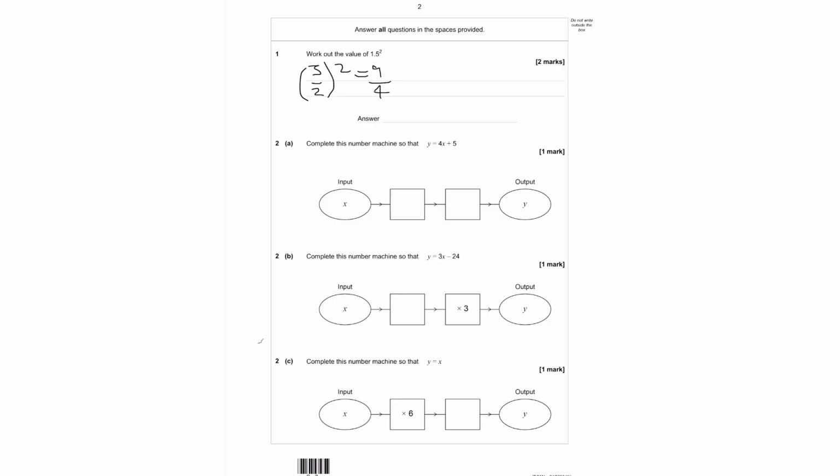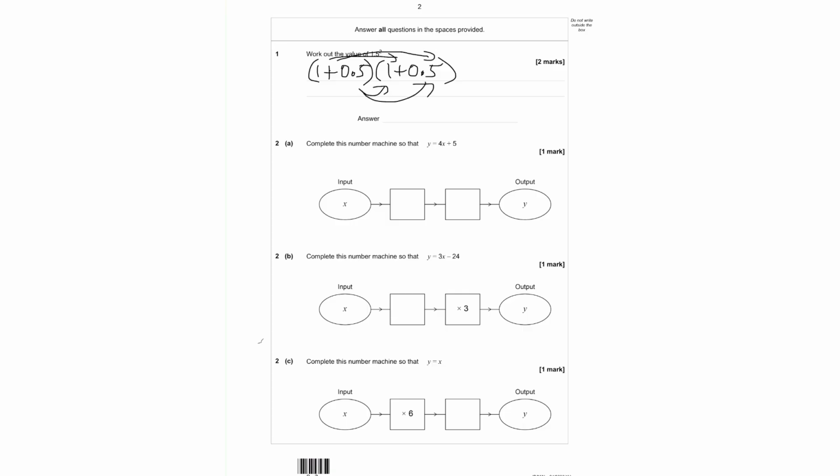Alternatively, and probably the way I actually slightly prefer, is to write 1.5 as 1 plus 0.5 times 1 plus 0.5, and then work it out as multiplying brackets, in which case we multiply this by this.